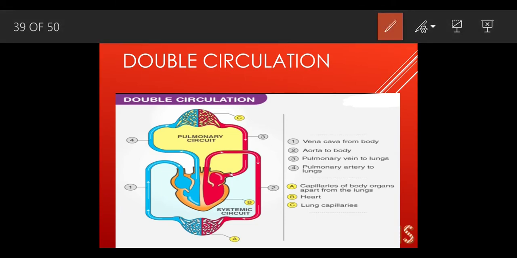Here, instead of body, they can give you any other name. They might give you the name related to kidney. They might draw the kidney here and tell you to name this. So what we have to do is the name changes. Just as we have the pulmonary vein, we can have a renal vein.